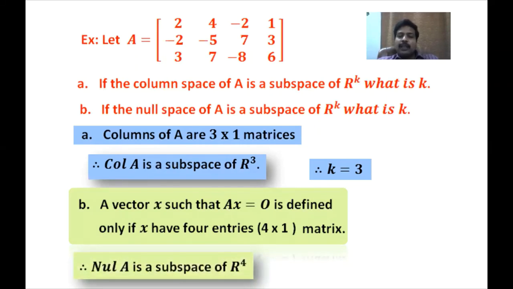So null space of A is a subspace of Rn, and n is equal to 4 here. So it is R4. So k is equal to 4. Or simply you can say that this is a 3 by 4 matrix. So column space is a subspace of R power m. m is 3 here. So k is 3. Null space is a subspace of R power n. Here n is 4. So k is 4.